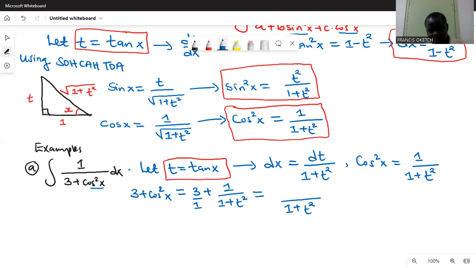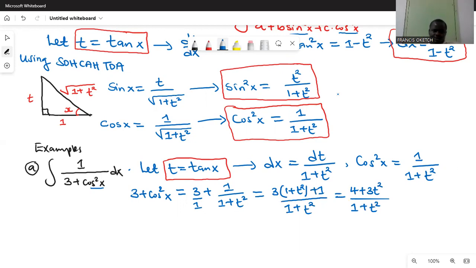And then we'll have 3, 1 will go into the LCM, 1 plus t squared times. So we multiply by 3, so 1 plus t squared, then plus 1. If I work out the numerator, I'm going to get 3 plus 3t squared plus 1, which is the same as 4 plus 3t squared. In the numerator, denominator is 1 plus t squared.